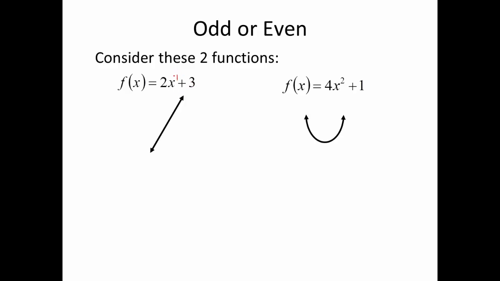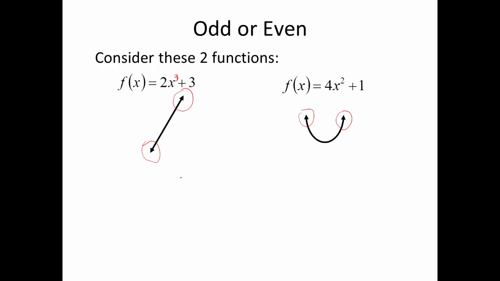If this was like x cubed, it'd still be odd, so the endpoints will still be like this. It'll be up to the right and down to the left. If it's even, like x squared, it's going to look like a parabola. Endpoints are going to look like a parabola. They're both going to be going up or they're both going to be going down.